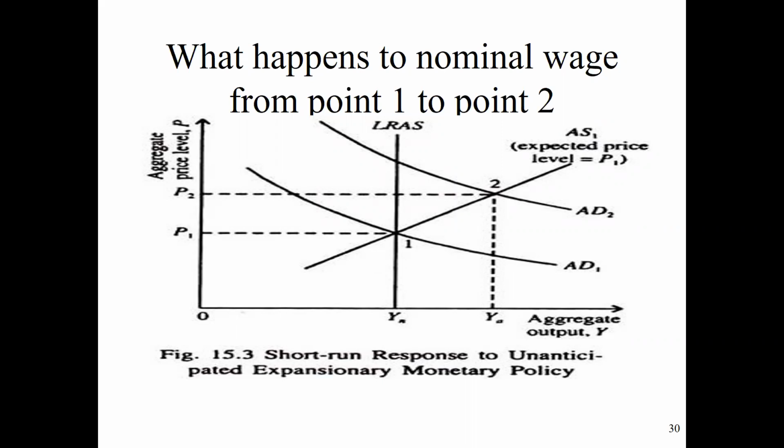You don't know what it's going to be, but you know it's less. But say we went from 1 to 2 this way. Nominal wages would stay the same, 100 in each spot. But here, with the lower price level, real wages would increase because things are cheaper and I'm making the same amount of money. Okay?